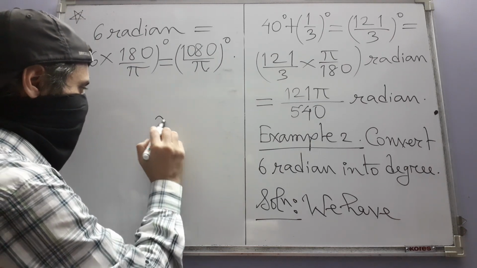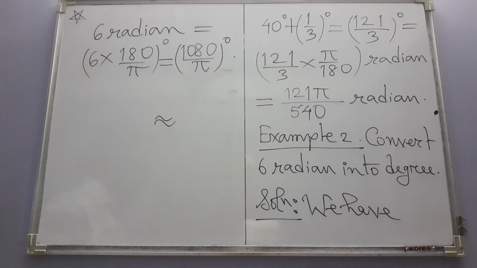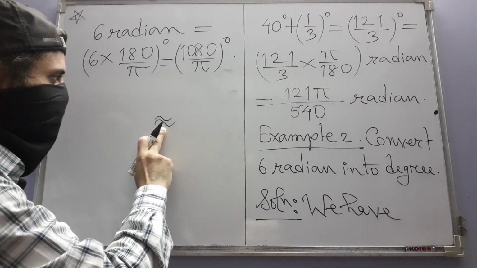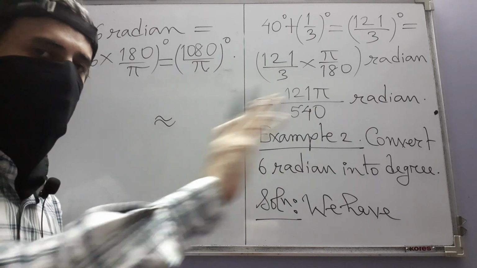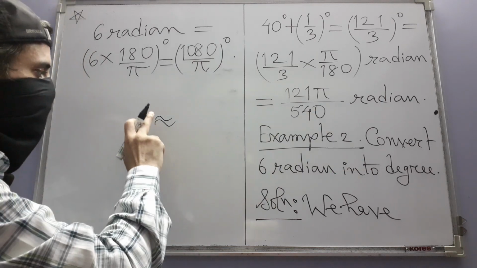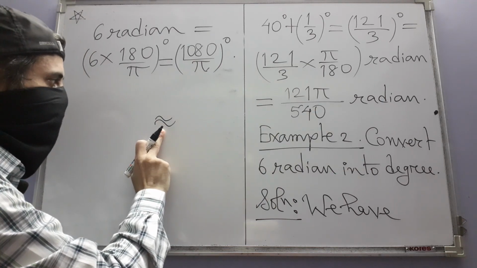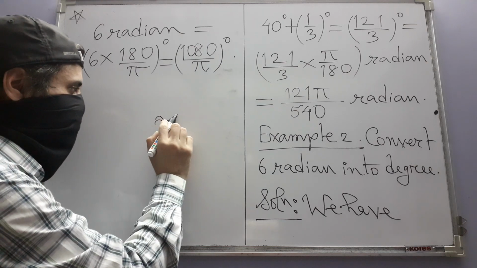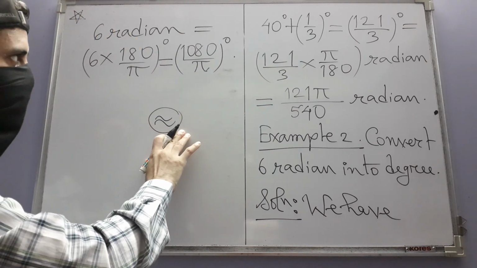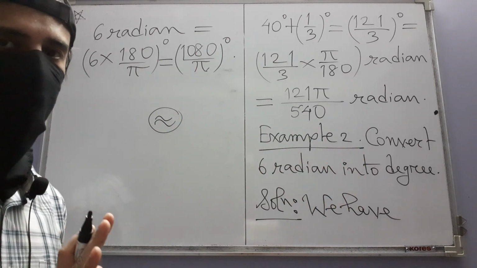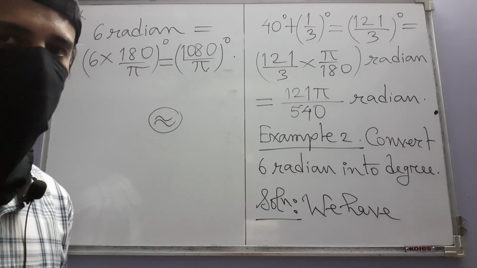Write the approximately equal sign. After you write the approximately equal sign, then whatever calculation you are doing, there you continue to write equal sign. So that sign alone will take care of the fact that the original value is not equal to whatever you are now getting. It's only approximately equal.